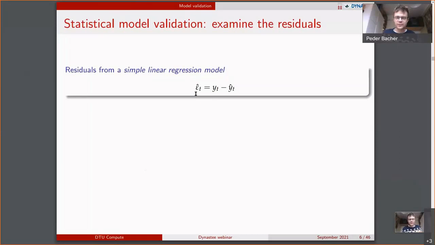So it's an observation of the error. We then check if these residuals live up to our assumptions behind this model before we can trust the parameters, the estimates of uncertainty, and all that statistics. So the residual is an observation minus the prediction of the model.